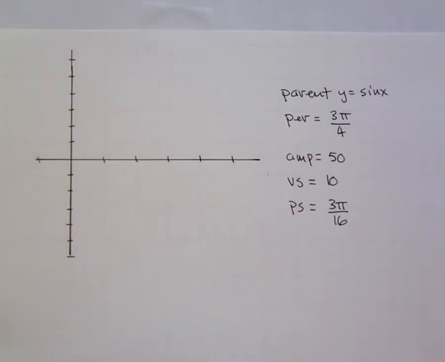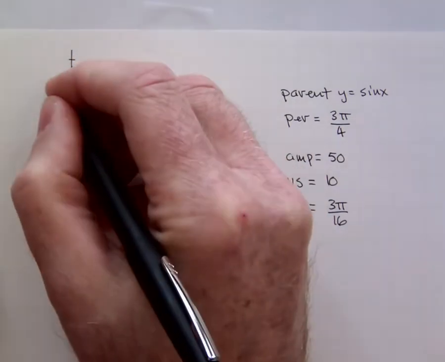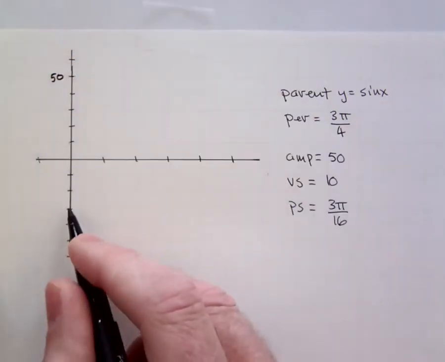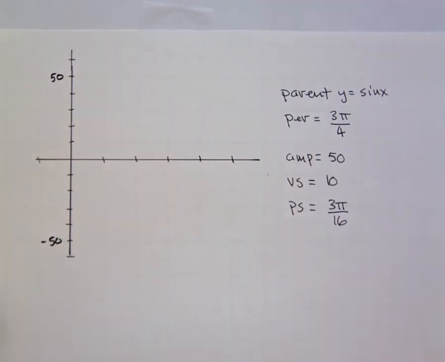Our second example is a little more complicated because it involves also a phase shift. But we'll begin in the same fashion. We'll try to identify first a vertical scale, and we see that we have a vertical shift of 10 and an amplitude of 50. So we're probably going to want to mark ourselves off by, say, 10s. So I'll locate 50 and -50, respectively, above and below.